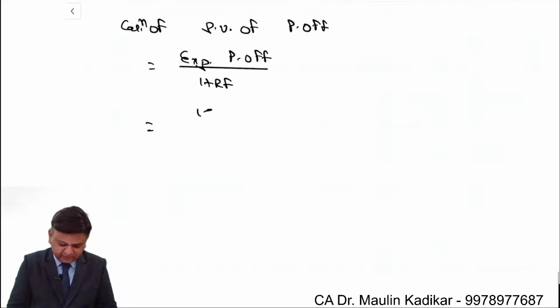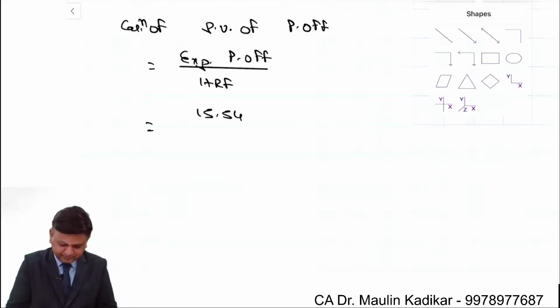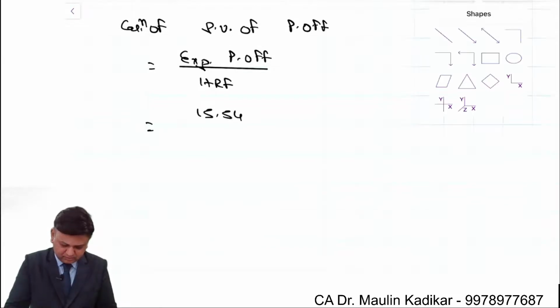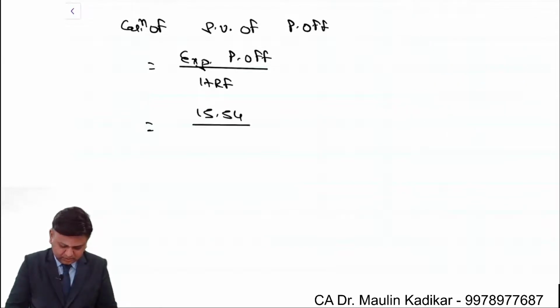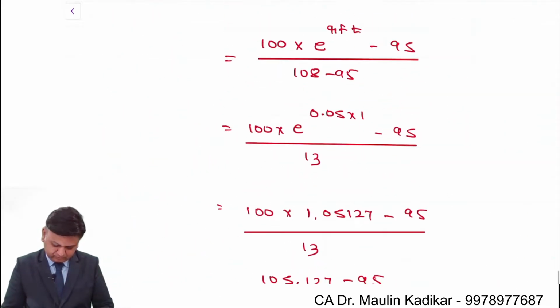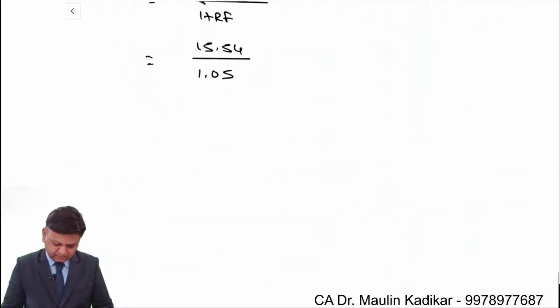So 15.54 divided by 1.05127, that comes to 14.78.